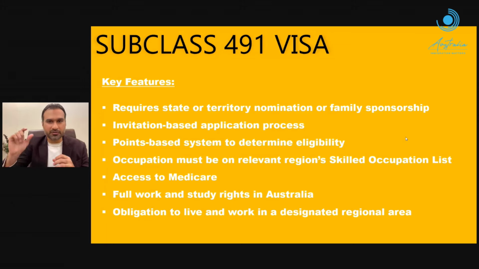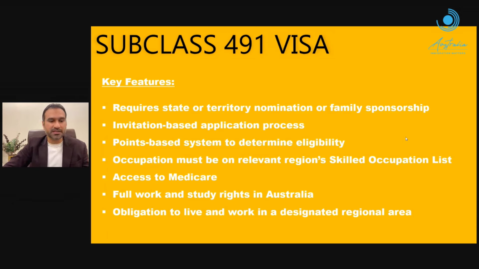When we talk about family sponsorship, this is a special case of the 491 stream, called the family sponsorship stream, in which an eligible relative, if he or she is living in a regional area of Australia, can sponsor you if your occupation is part of the MLTSSL list. Whereas in the case of state sponsorship, it works simply on the basis of EOI submission, based on the skilled occupation list of that state or region.